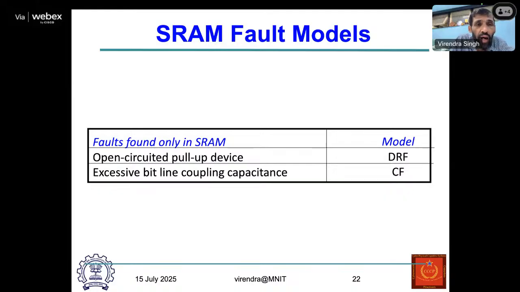They are high capacitance lines, and if you are running them close to each other, there can be coupling between these capacitive lines, and because of that coupling, the value on one starts to affect the value on the other one, and that we call coupling faults.